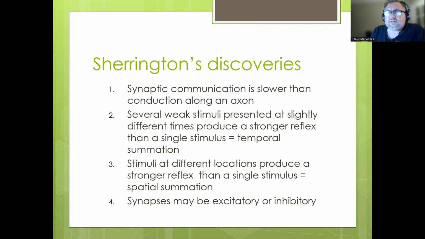One way to do this is to look at reaction time studies. And this is something that was actually pioneered prior to Sherrington by a guy named Hermann von Helmholtz. And one of the things that Helmholtz would do is he would attach a stimulus to a person's knee, right? And this could be something like an electrical shock or some other painful stimulus.